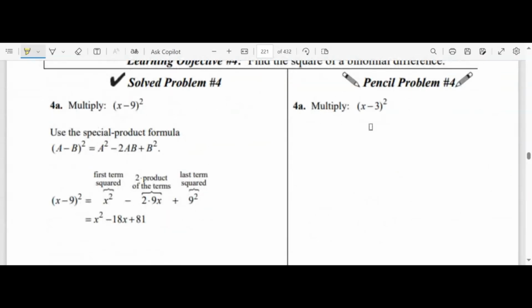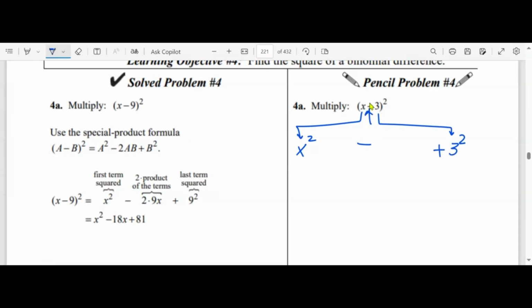Okay. So now this is a different sign, right? It's going to be negative. So square the first, square the last, multiply the first and the second, and don't forget to take the same sign. So what are you going to get? Who can tell me? X to the power of 2. And here 3 squared, right?